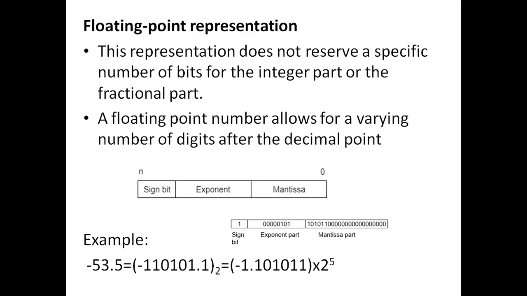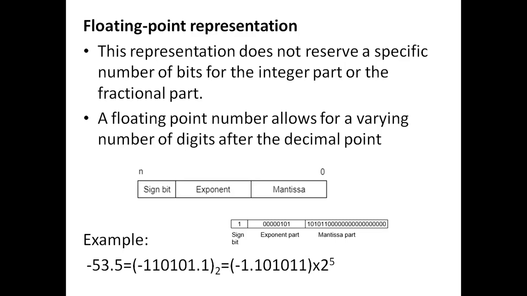Then this value is converted into normalized form. Before the decimal point there must be only one digit, so the remaining digits are moved to after the decimal point. The number of places moved is represented as an exponent, that is, 2 power 5. Here I moved 5 places, so I increased the exponent, 2 power 5. Now it is in normalized form.